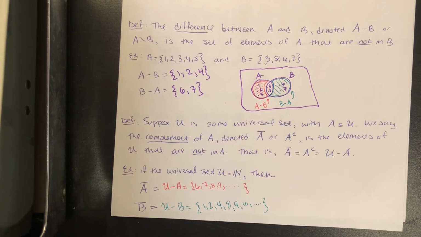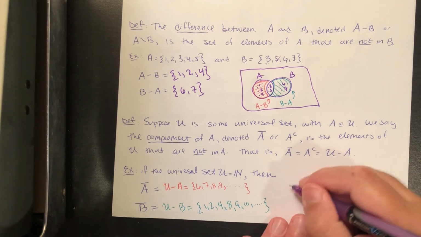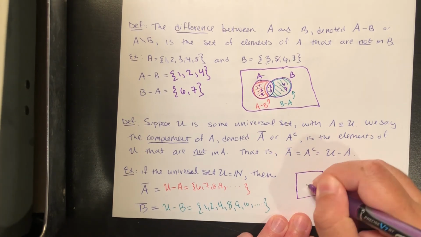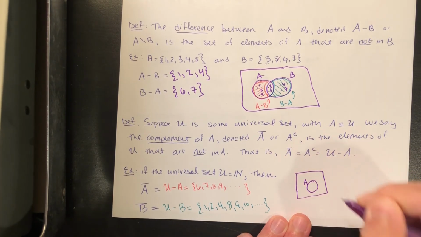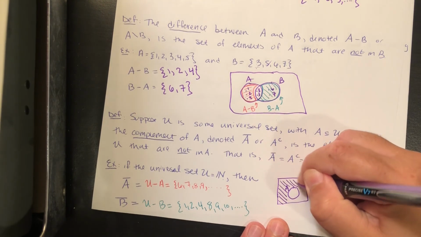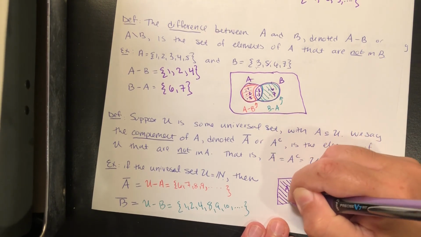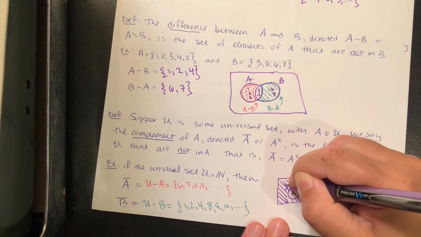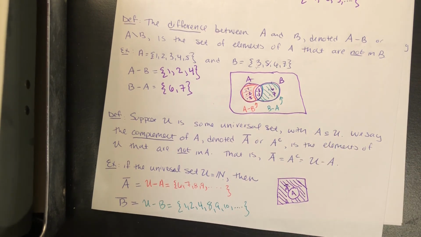What does this look like on a Venn diagram? Well, if our Venn diagram just has the set A in it, if it's just this one circle, then A complement's going to look like everything outside of that circle. So if this is A, this shaded part here would be your A complement.